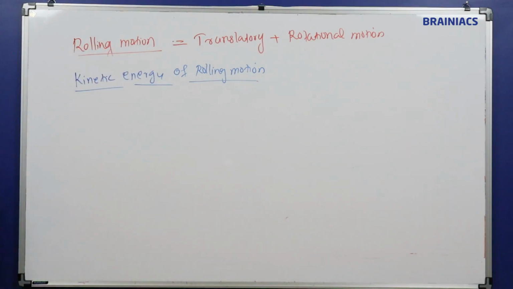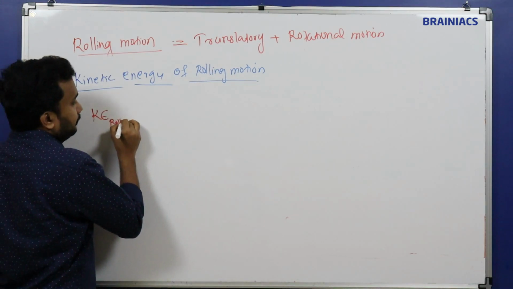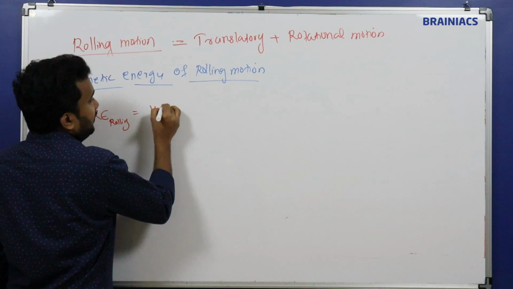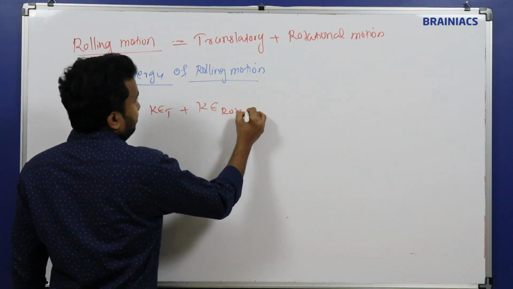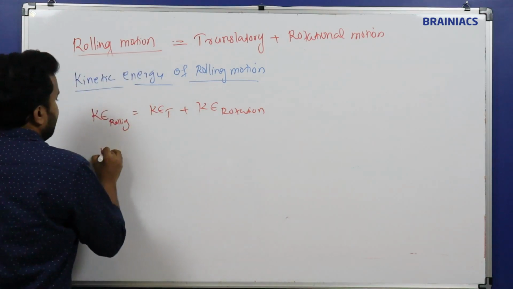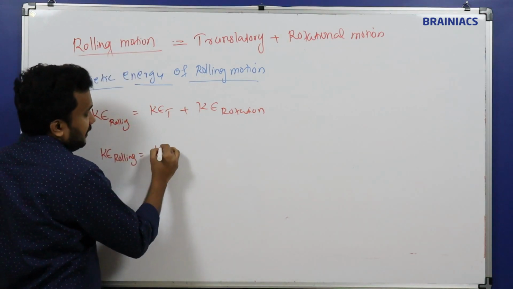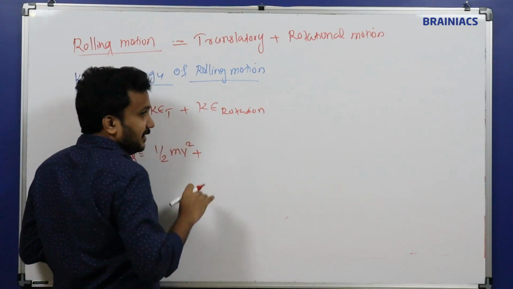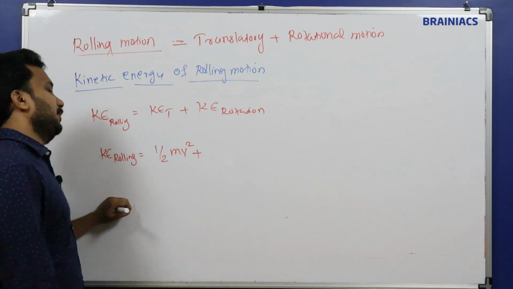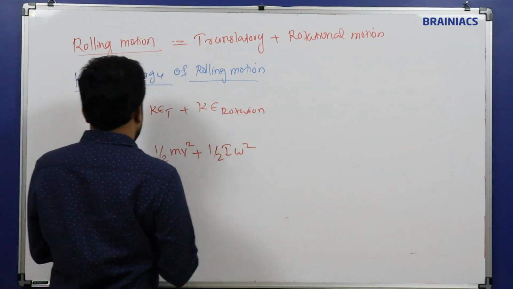Kinetic energy of rolling motion equals kinetic energy of translation plus kinetic energy of rotation. The kinetic energy of translation is the normal half m v square, and the kinetic energy of rotation is half I omega square.